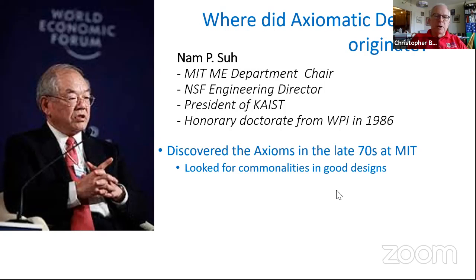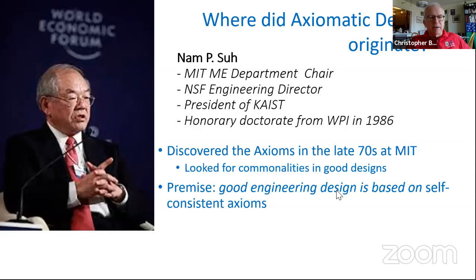Professor Nam Suh, when he was at MIT, before he became department chair in the 1970s, started developing axiomatic design. And we'll be talking more about that and how that happened. But basically, he asked the question, are there axioms, rules, or laws that should govern engineering design, just like we have for mechanics? And so he was looking for commonalities in good designs.